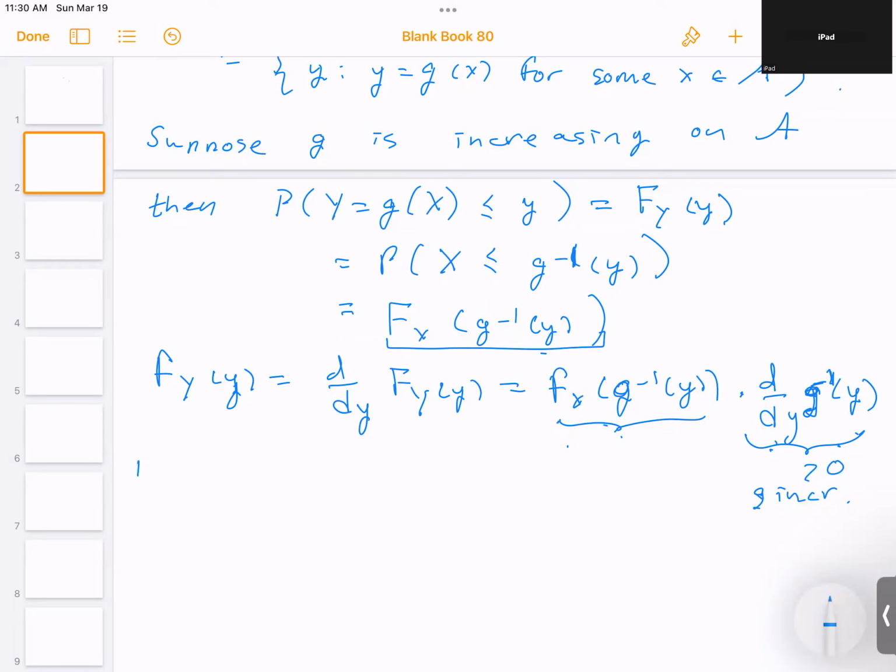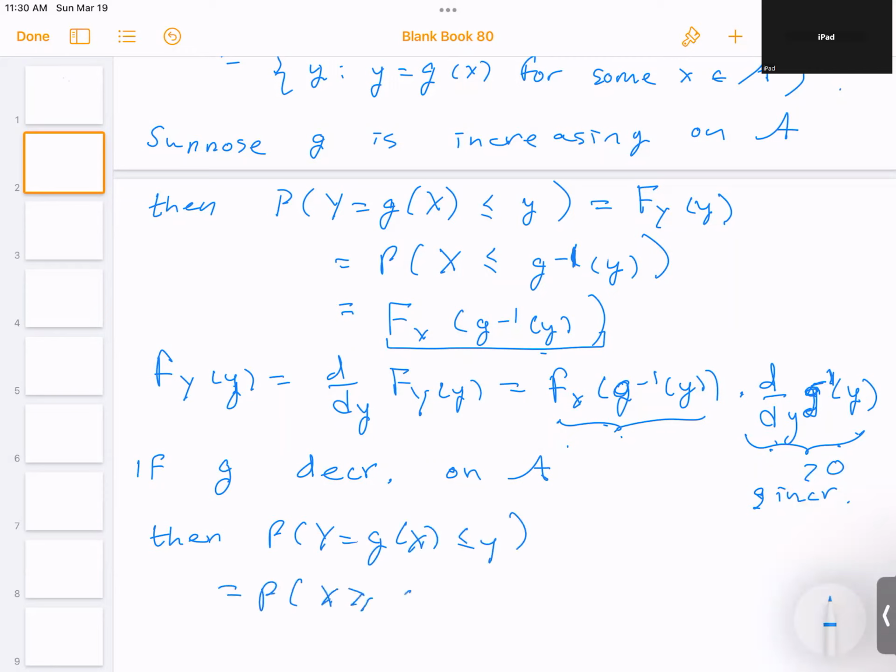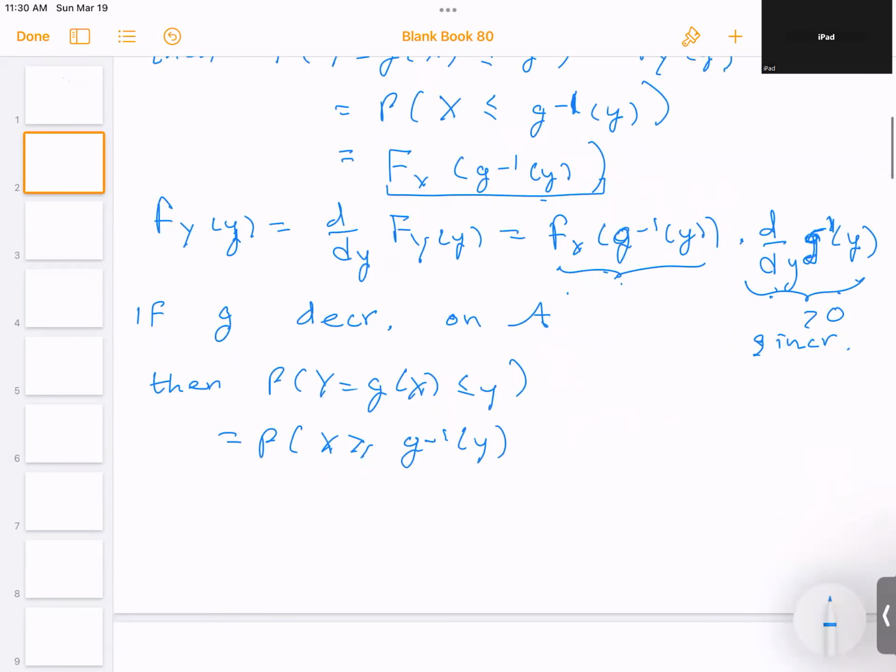If g is decreasing, it can only be increasing or decreasing, as we said at the beginning, that we're forcing it to be one or the other. Then it's almost the same, but you just have to deal with the minus sign. The probability that Y equals g of x is less than y is equal to the probability that X is greater than or equal to g inverse of y, which is equal to 1 minus F_X of g inverse of y.